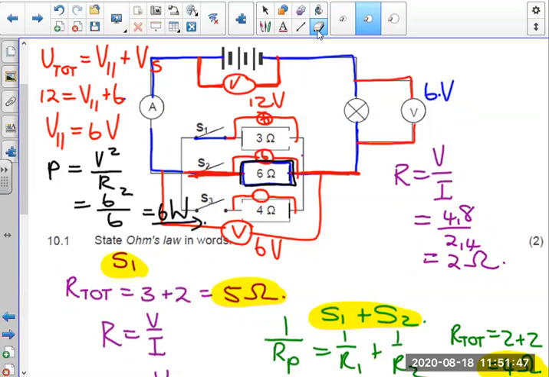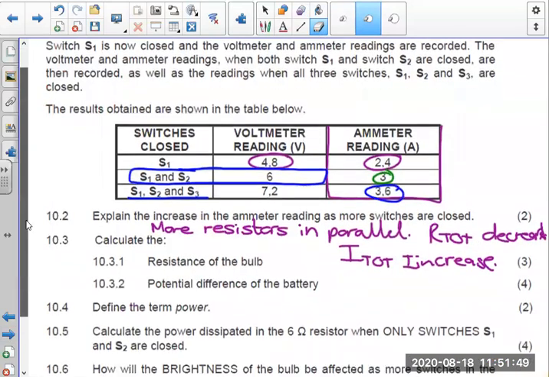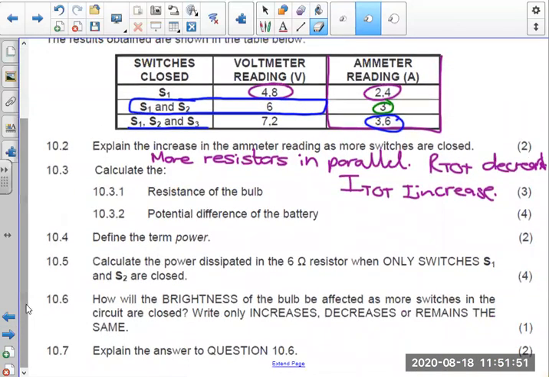Okay. Next question that they ask us is 10.6. How will the brightness of the bulb be affected as more switches in the circuit are closed? Now, can you remember the brightness and the current go together.